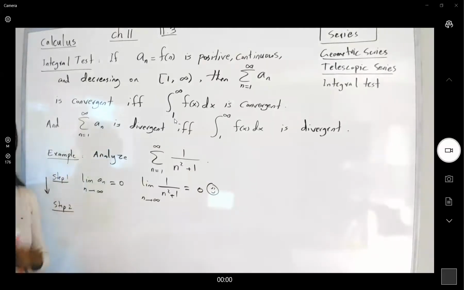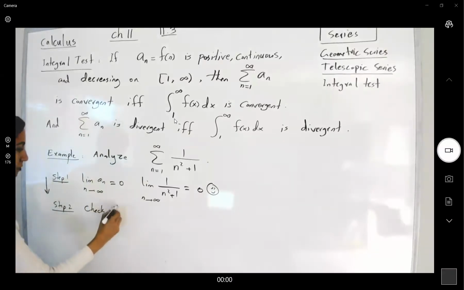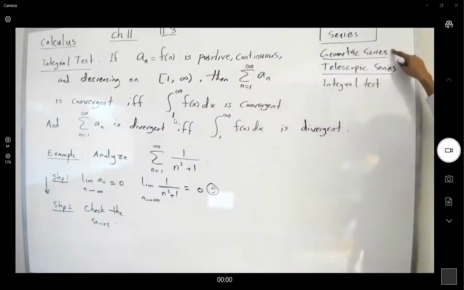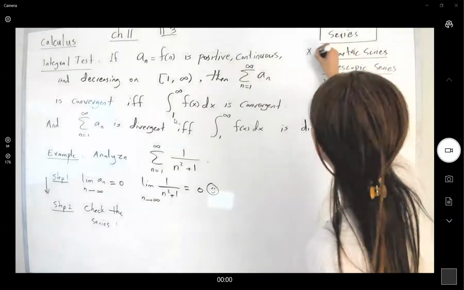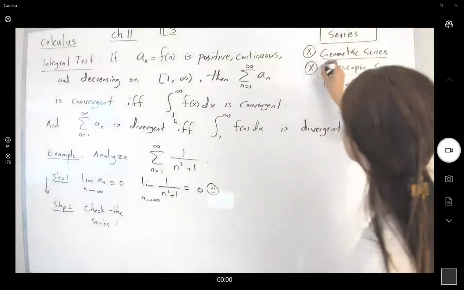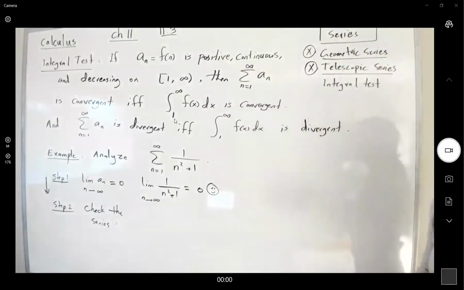Now check your series. Is it a geometric series? No. Is this a telescoping series? No. What if I check to see if the integral test is working or not?